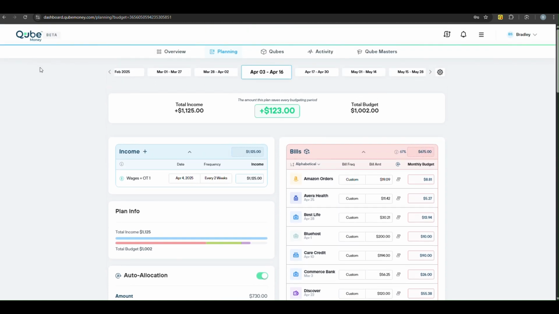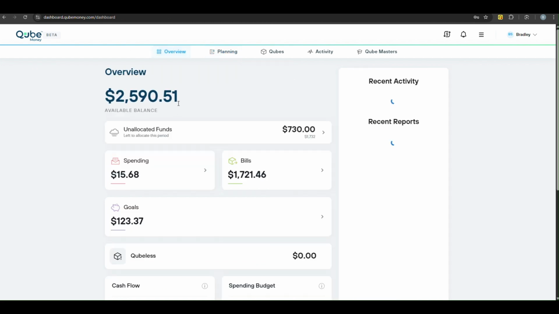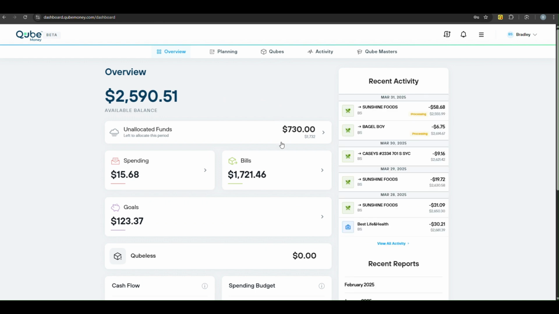Now, Qube says that you should have the amount in your unallocated funds set aside prior to the day that the first allocation happens. So since I know my automatic allocations are $730, I put money into the unallocated funds.